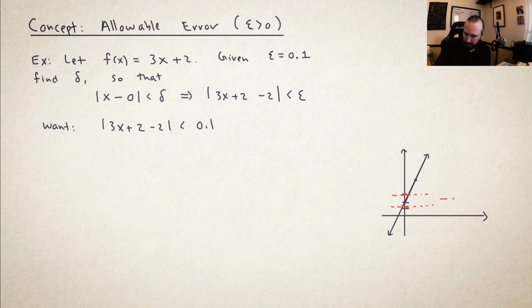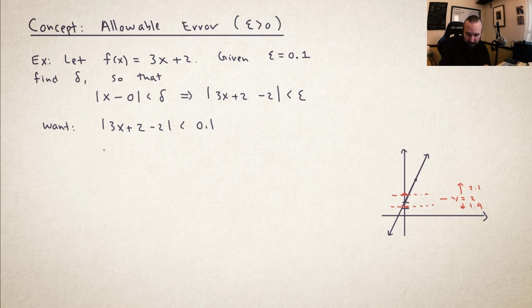If right here is y equals 2, then I'm allowed to go up to 2.1, and I'm allowed to go down to 1.9, and I will still be within the allowable error. So that's what I set up here. This is f of x minus L. So what I want is the distance between the function and the limit to be less than the allowable error.